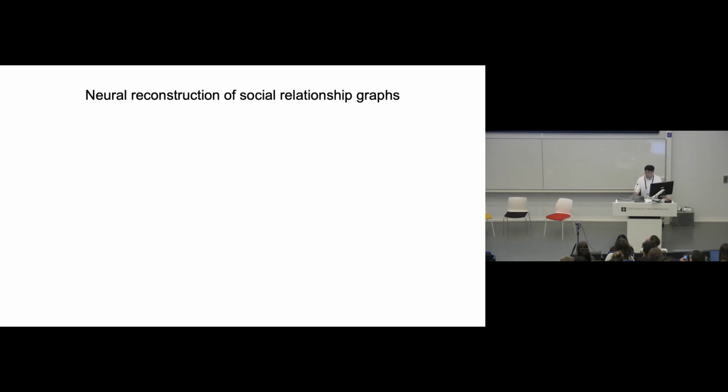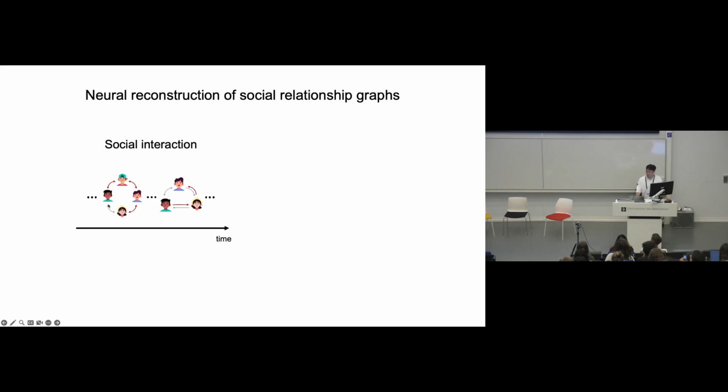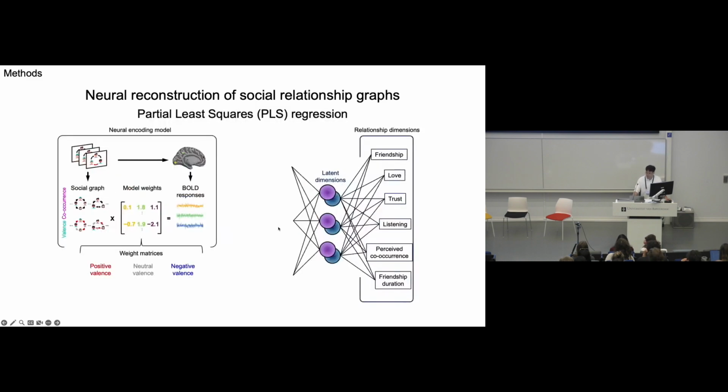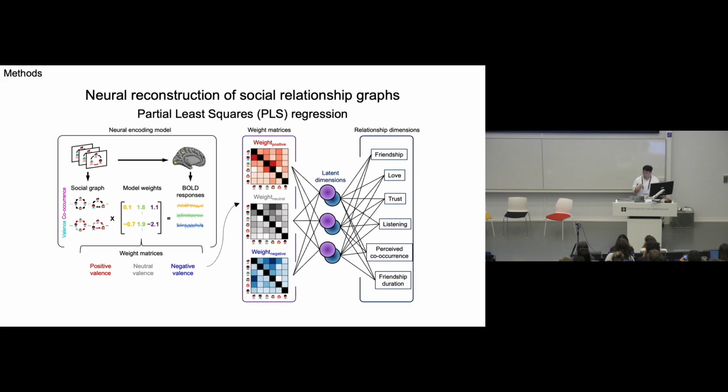So we thus far explored how the brain recognizes moment-by-moment social interactions through our model. Next, we wondered whether the brain also represents the entire structure of social relationships in the movie, beyond just recognizing social interactions. We applied the same PLS regression model, but this time using the learned neural weights from a neural encoding model as input to predict six-dimensional relationship ratings.